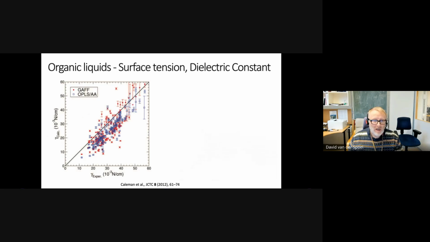What you see is that many of those surface tensions are lower than experiment. The black line is perfect matching, and most of these are actually lower. One of the reasons for this is the use of cutoffs, so that we don't take all interactions into account. That can be compensated for a little bit.